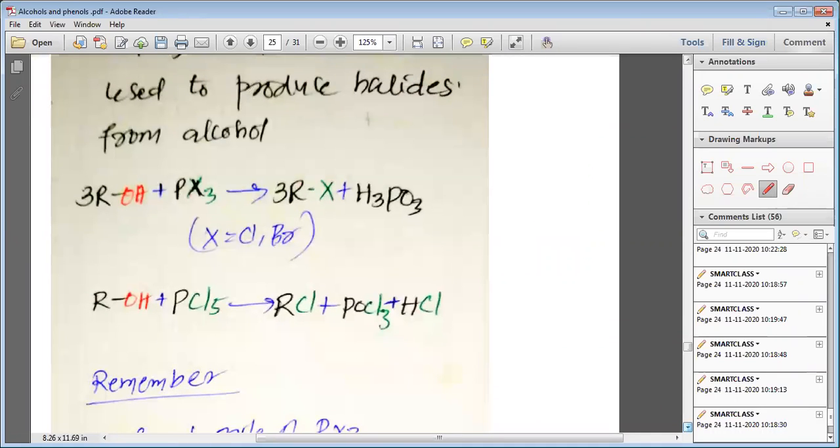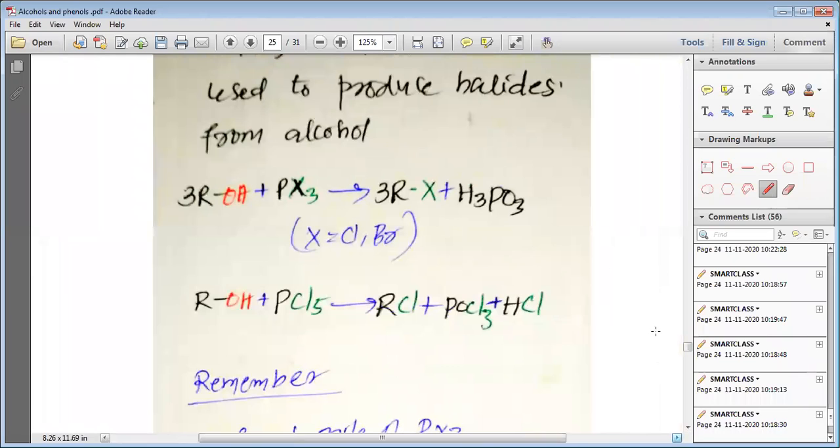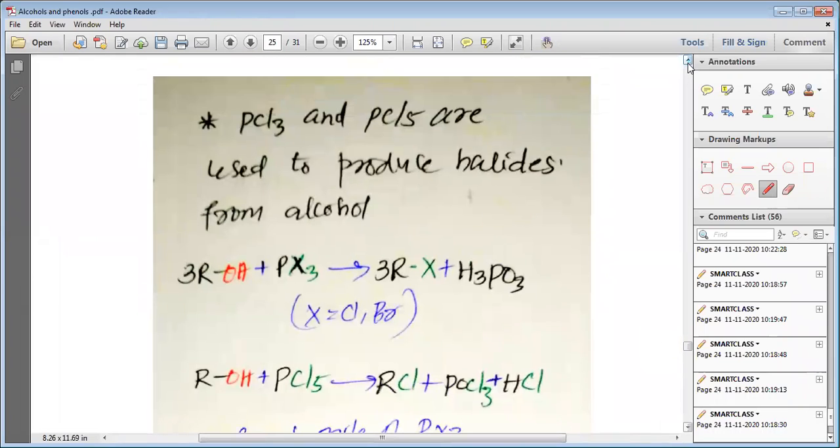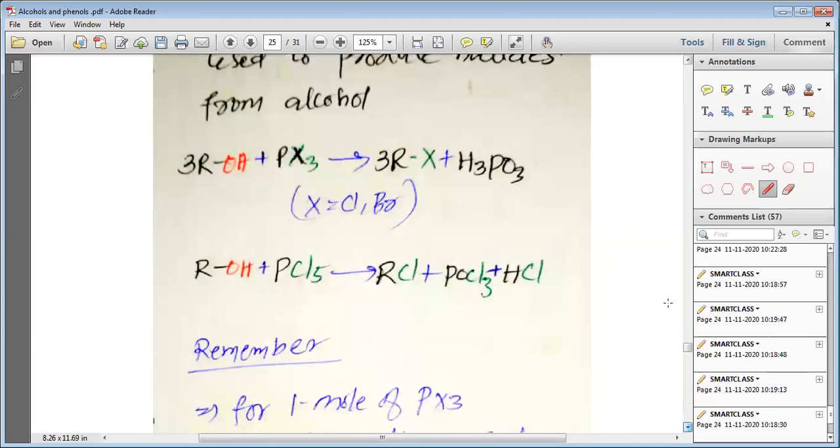Now, my dear students, we are going to study the reaction of a few more productions of halides from the alcohol. You can see that PCl3 and PCl5 are also used to produce halides from alcohol.